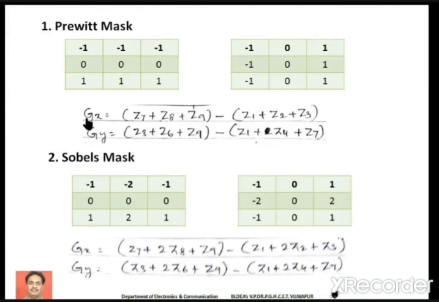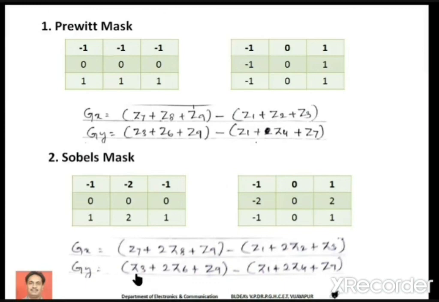This is the Prewitt mask, or Prewitt operator. Here the equation for gx is simply (z7 plus z8 plus z9) minus (z1 plus z2 plus z3). For gy, it is the third column, z3 plus z6 plus z9, minus the first column, z1 plus z4 plus z7. However, in the Sobel mask, the middle coefficient is 2. That's why gx becomes (z7 plus 2z8 plus z9) minus (z1 plus 2z2 plus z3).